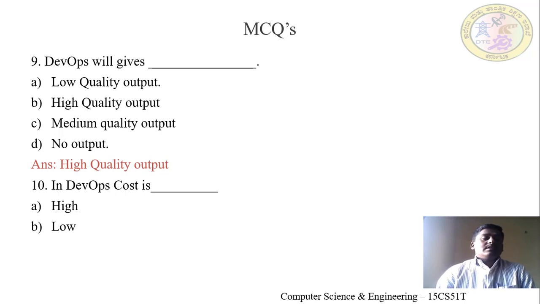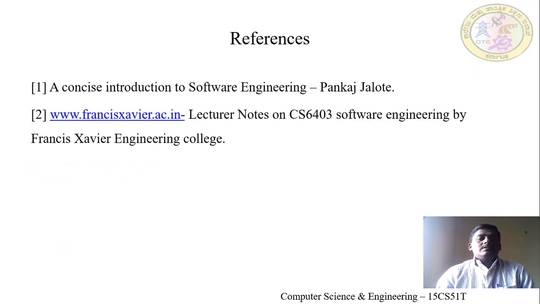Tenth question. In DevOps, cost is option A, high, or option B, low? In DevOps, cost is low. These are all the references I have used for this session number 2.